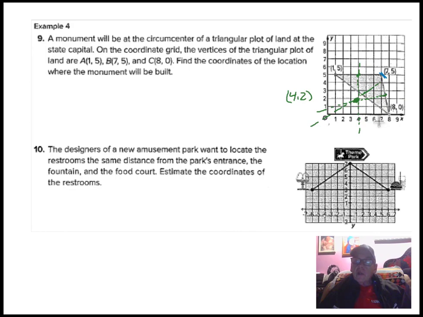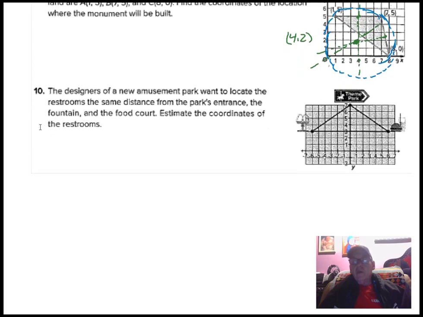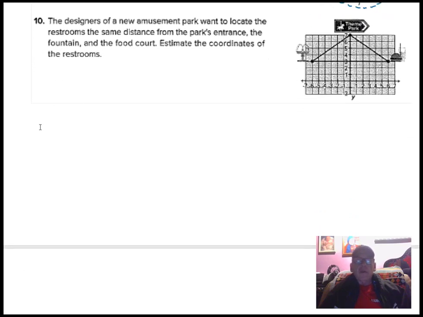So we got this, got this. Something like that would represent a circle that would have the point 4, 2 as its center, which means that point 4, 2 is equidistant from each one of those vertices.